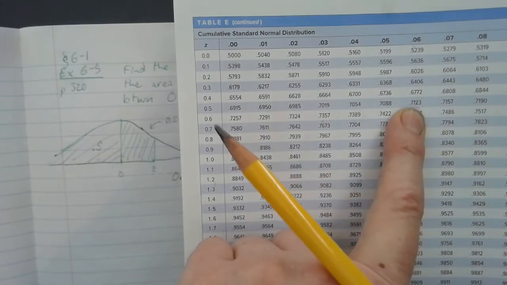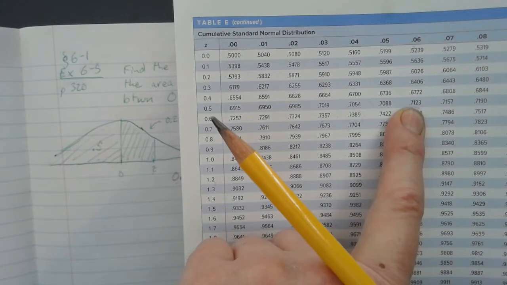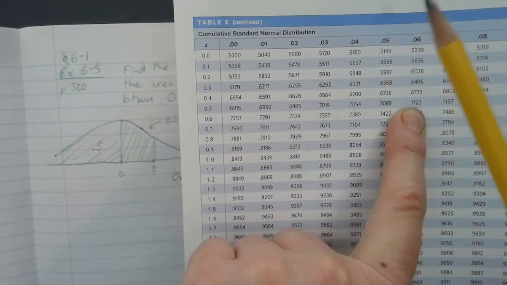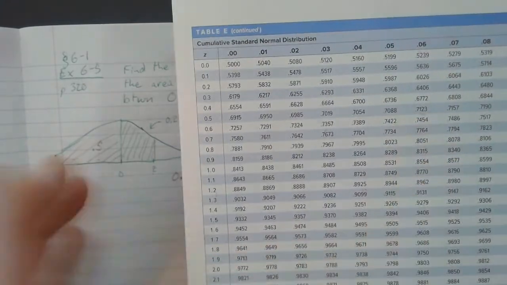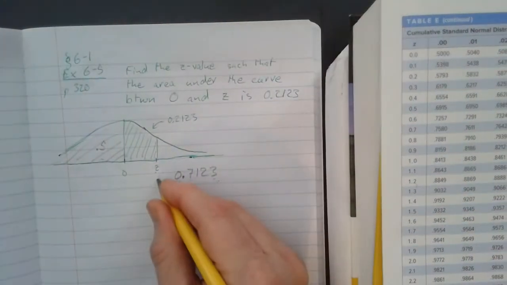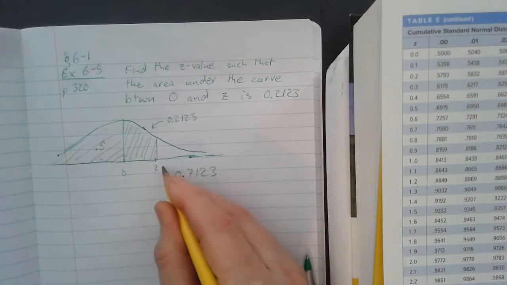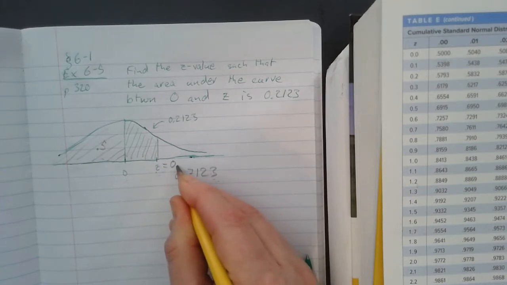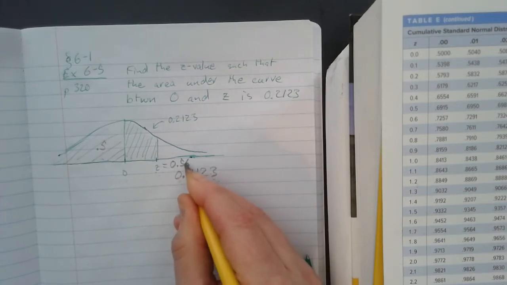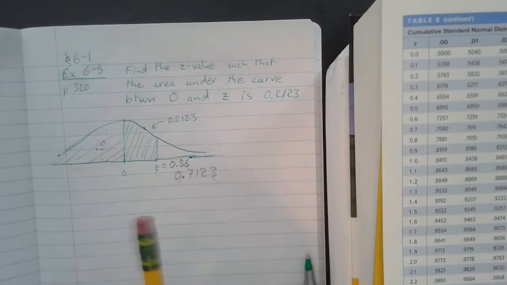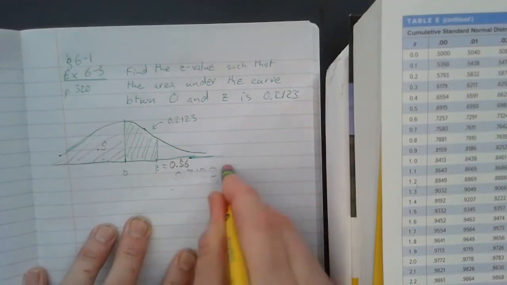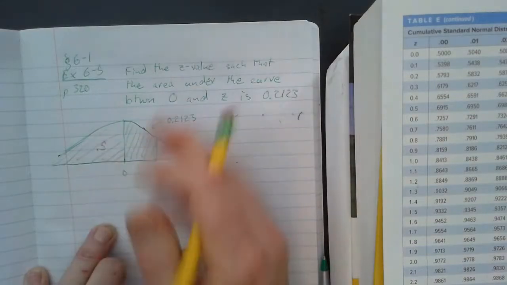The row is 0.05. No, sorry, I said that wrong. 0.56. So that is our z value. The z value is 0.56.